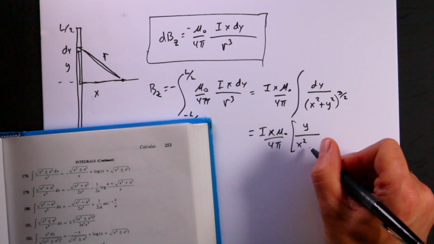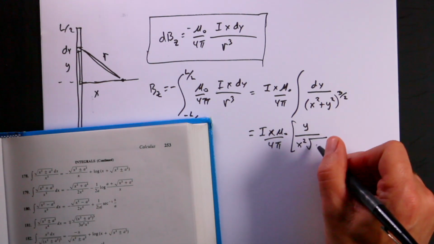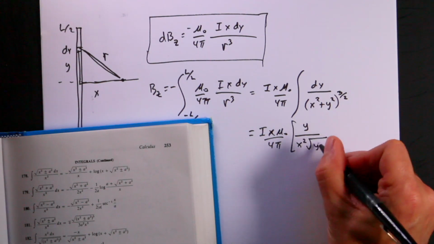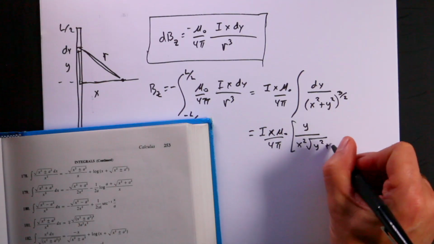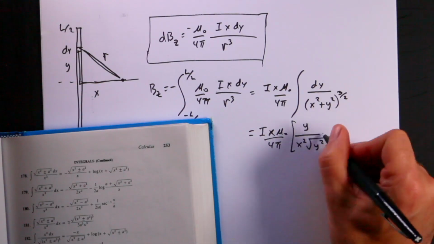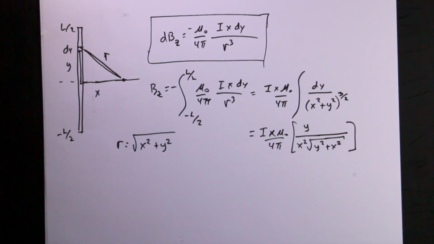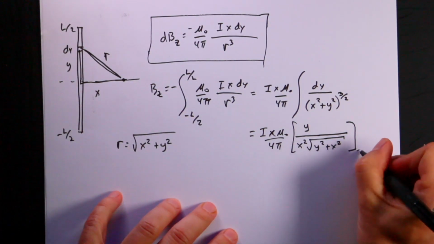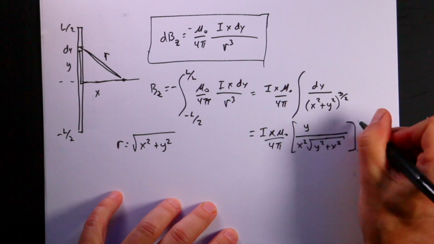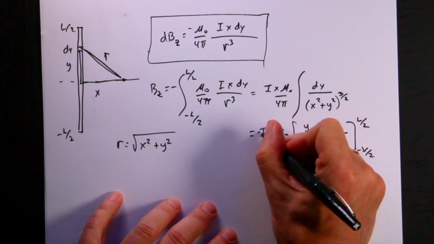And then I have the square root of y squared plus x squared. All that. I think that's right. If it's not right, I don't know what I'm going to do. From negative L over 2 to L over 2. Oh, there was a negative sign there.